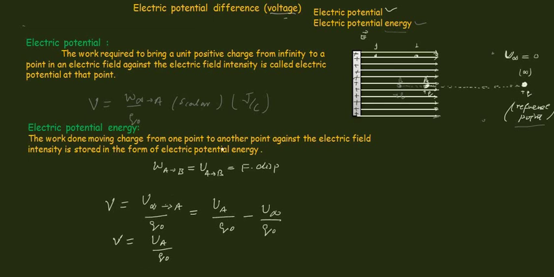So we are now in a position to define electric potential difference. As the name suggests, the difference in potential is called the electric potential difference.